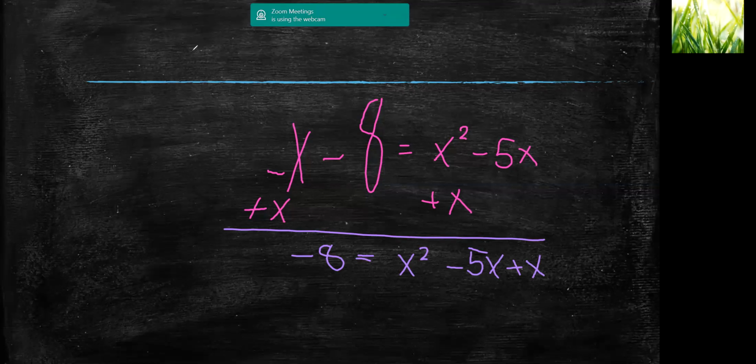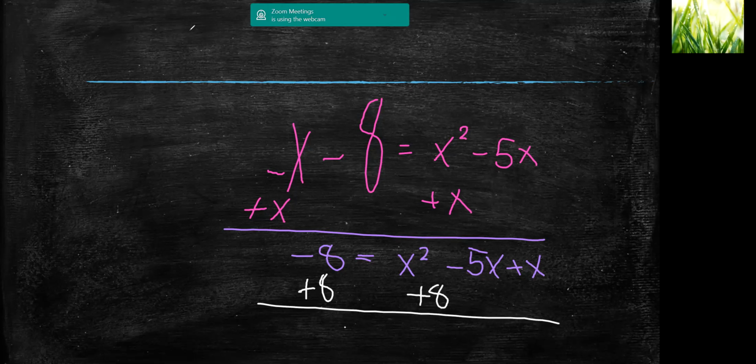Did I isolate all the terms on a side and the 0 on the other side? No, still I have a negative 8. So I have now to move the negative 8 to the second side. So we have x squared minus 5x plus x plus 8 equals 0.